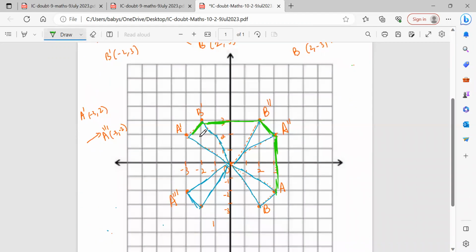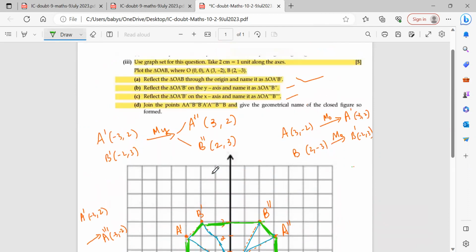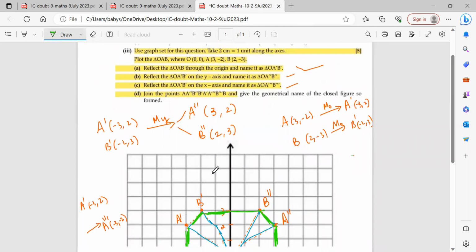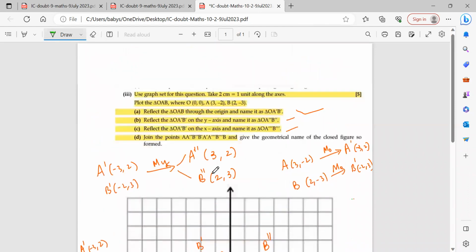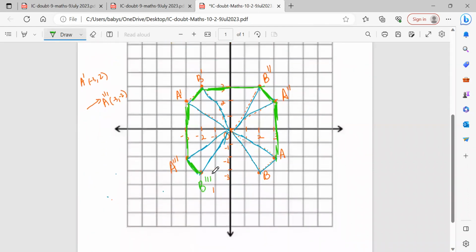Okay, makes sense. We are going in the anti-clockwise direction. And A triple dash, this is your B triple dash. I haven't marked it, no? B triple dash, then B dash. Then B triple dash, and then back to B.